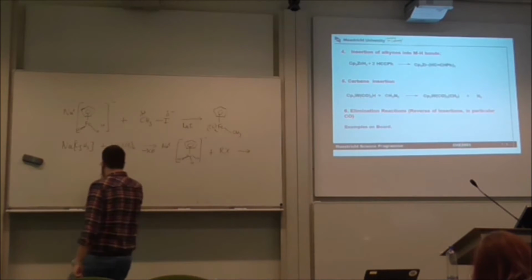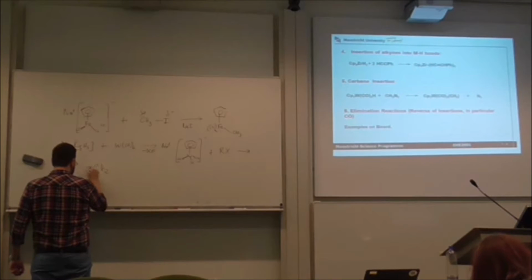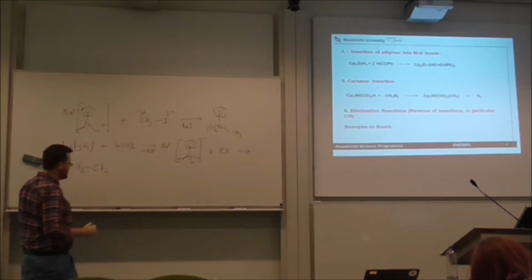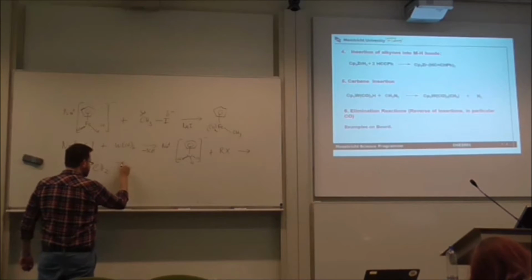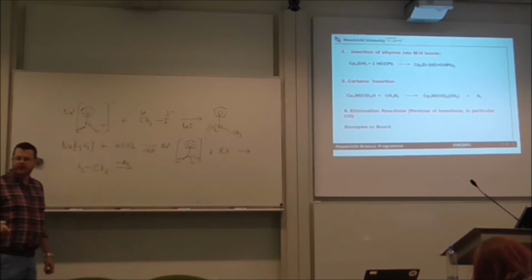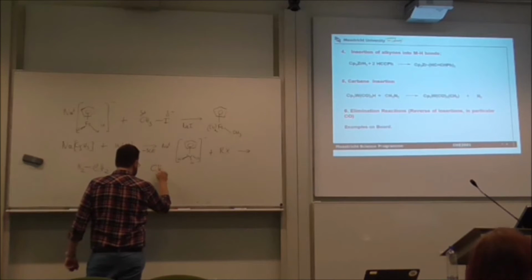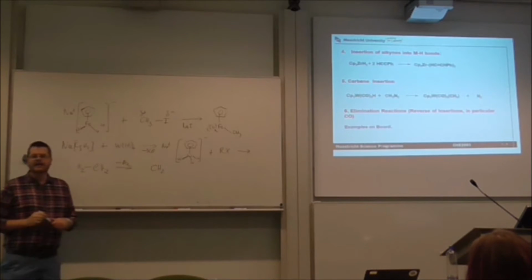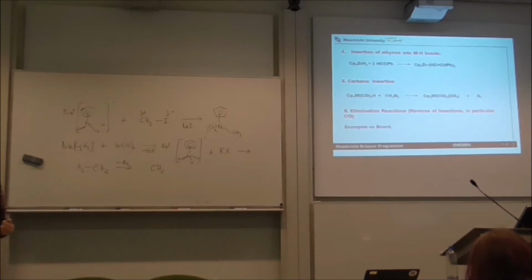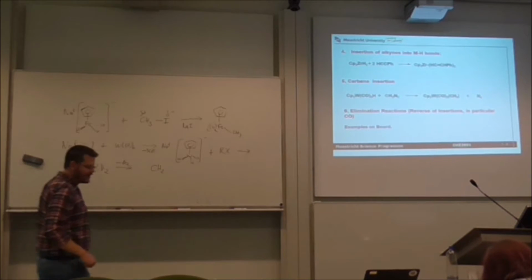So you can think of CH2N2, I'll just write it like that. If this loses nitrogen, entropically, what are we going to be left with? CH2. Right, CH2. And then what is CH2? CH2 is a carbene fragment. So that thing is a hot reagent, very reactive.